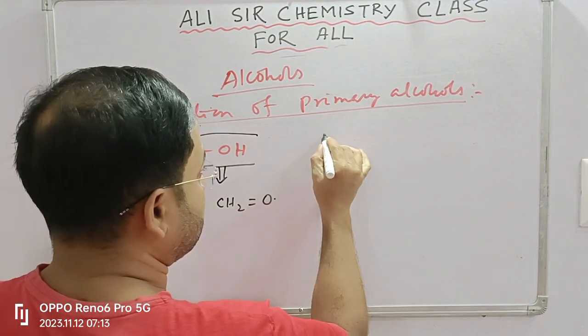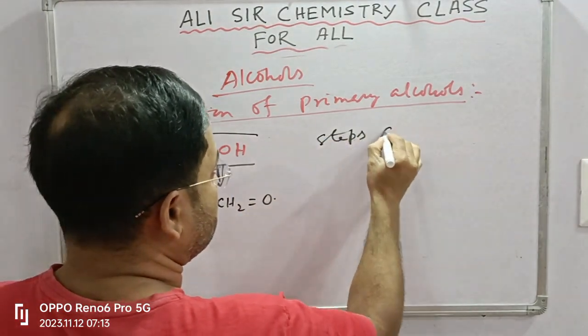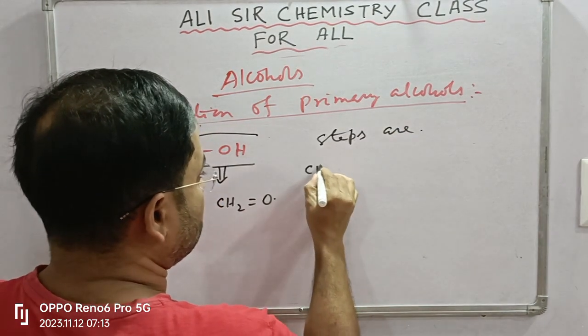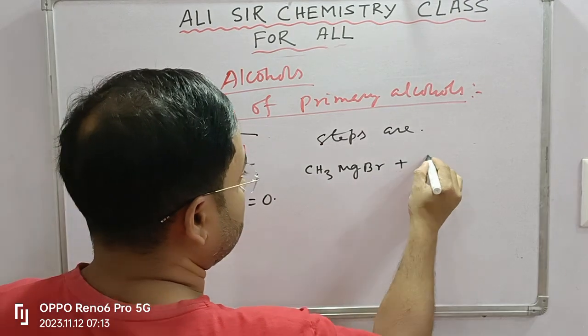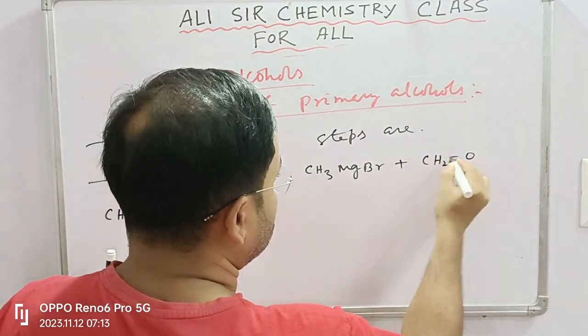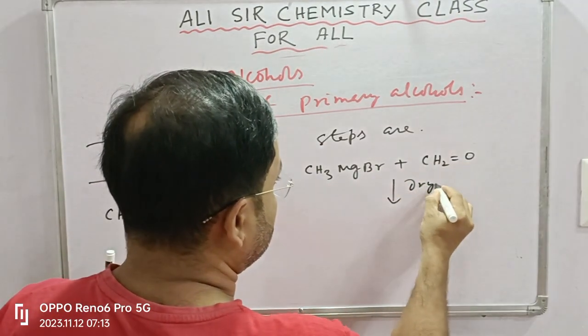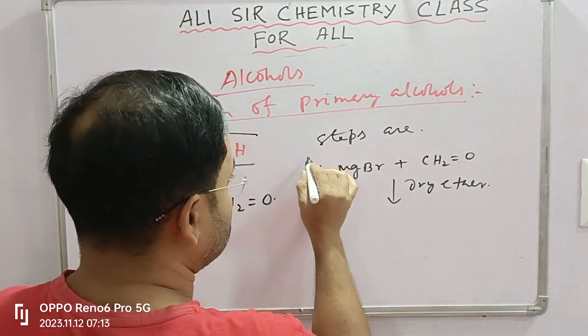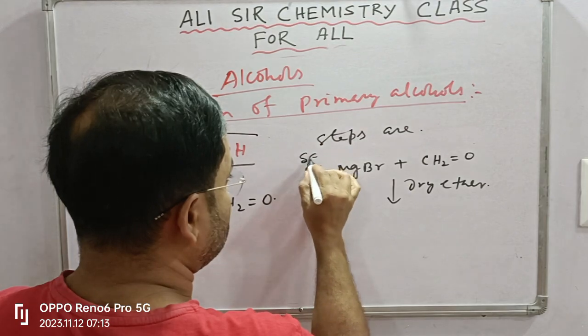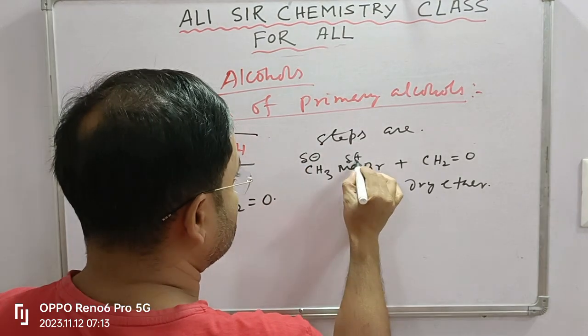So the steps are: I am taking this Grignard reagent CH3MgBr plus formaldehyde in the presence of dry ether. So what will happen here? This is the negative center, this is the delta positive center.